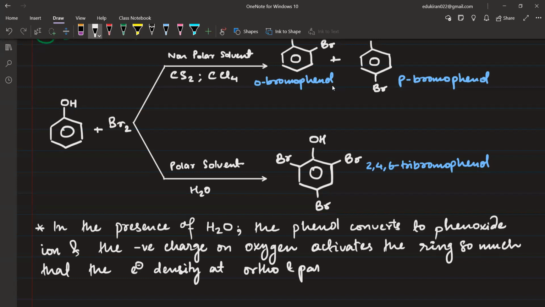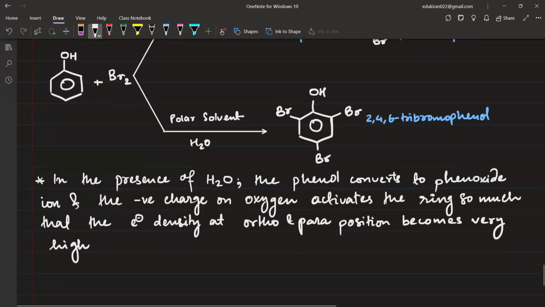at ortho and para position becomes very high, and it becomes so high that it forms a tri-substituted product.